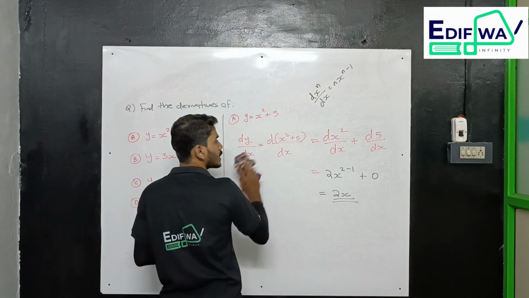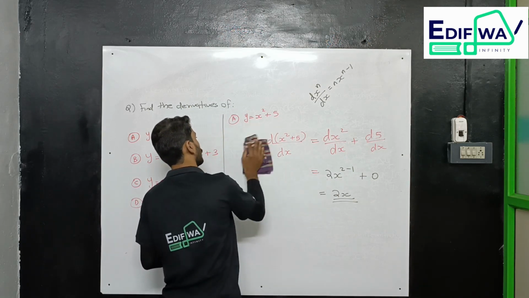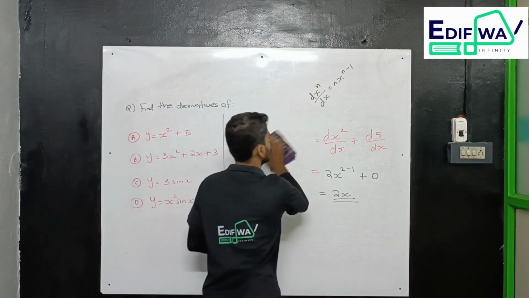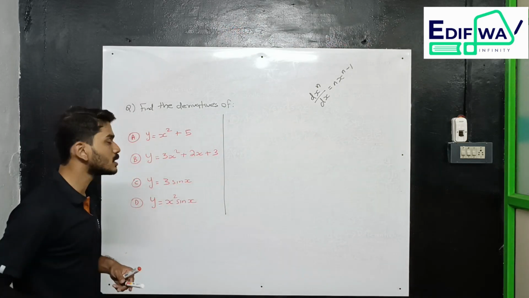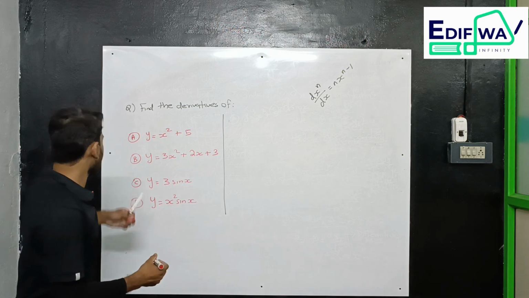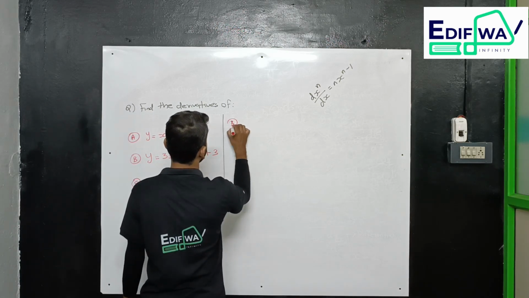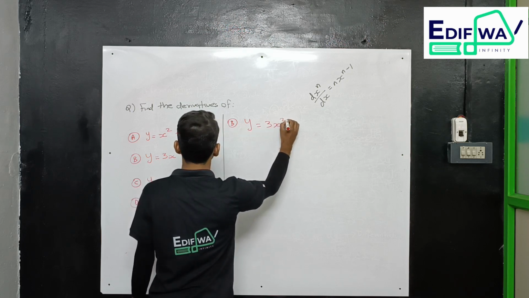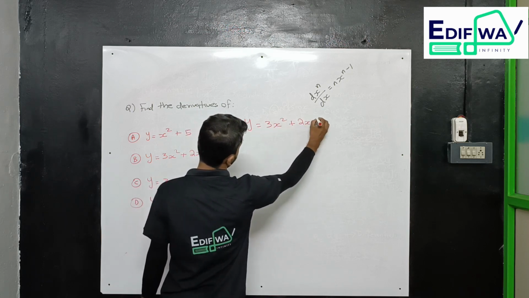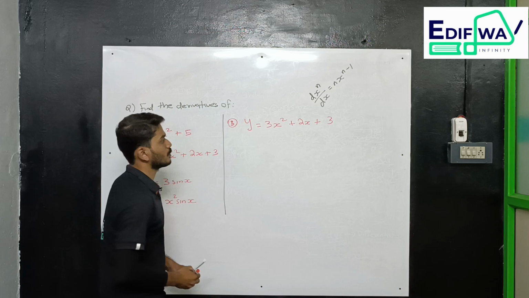You have to write this. Now let's learn the B question. The B question is y is equal to 3x square plus 2x plus 3.